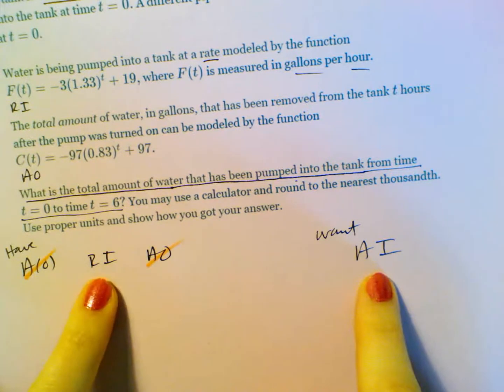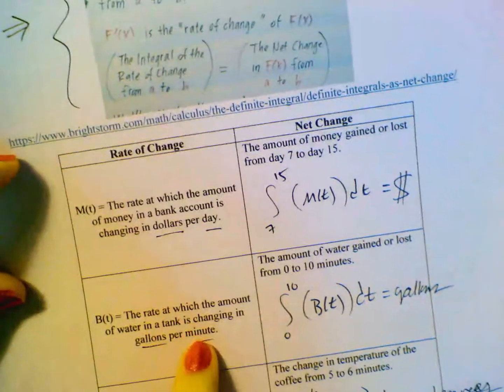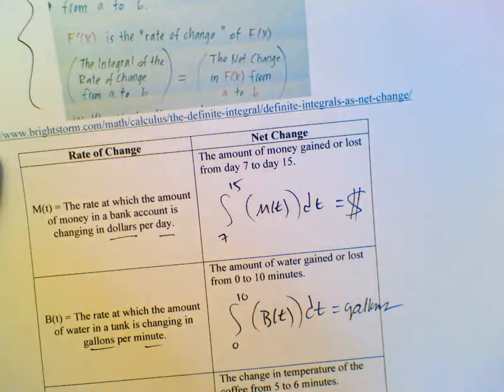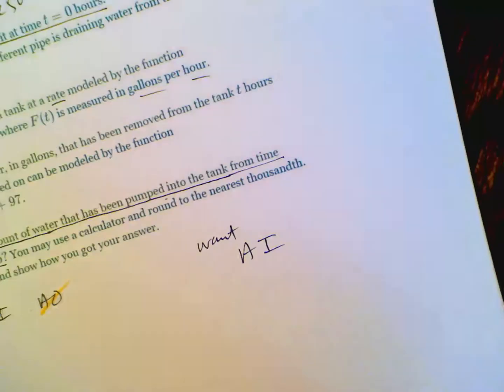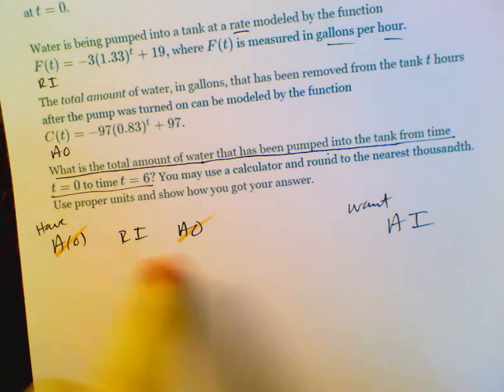I've got this rate. This is exactly a net change situation. I've got this rate of change. I want the net change in water from 0 to 6. So I'm just going to do the integral of this to get me that.